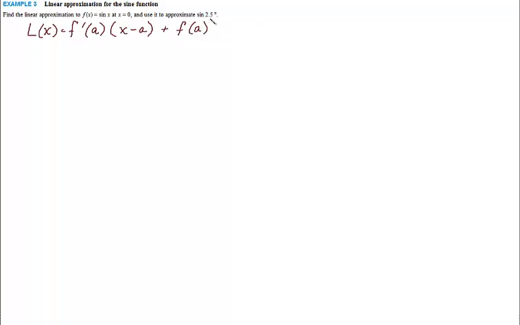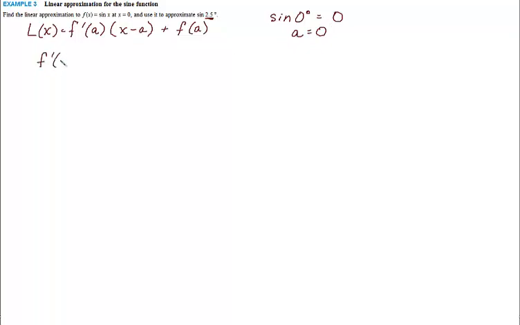Since I want to know the sine of 2.5, I go to something that's close to it that I actually know the answer of. And I know what the sine of 0 degrees is. The sine of 0 degrees, that's the y value, so that would be 0. I want to know the sine of 2.5, so I'm going to let my a be equal to 0 because I know that value.